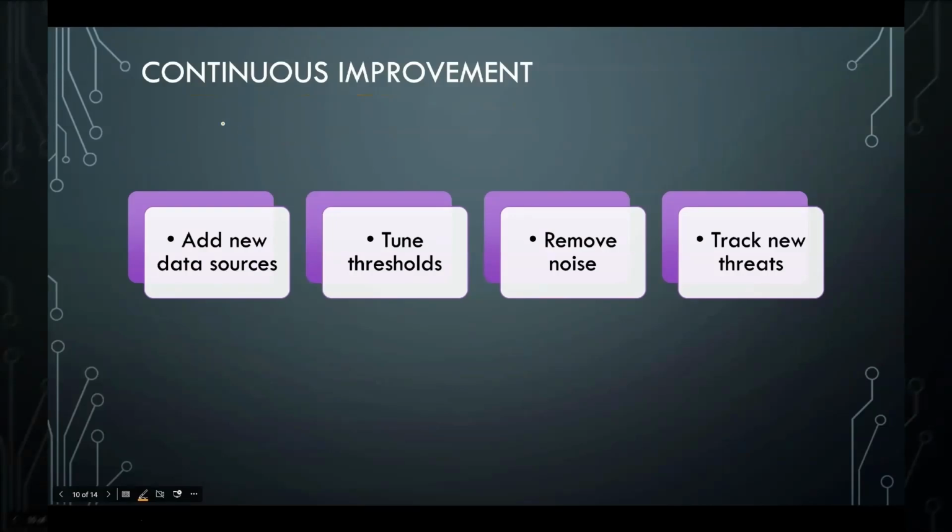And then we have continuous improvement. So remember, dashboard are not set it and forget it. You should regularly review the metrics you're tracking and adjust based on new security threat or business requirement. So here is how you can improve your dashboard. So you can add new data sources or panels.